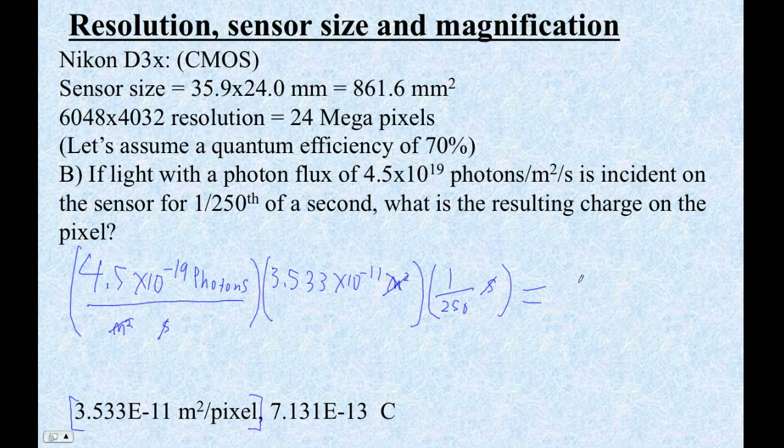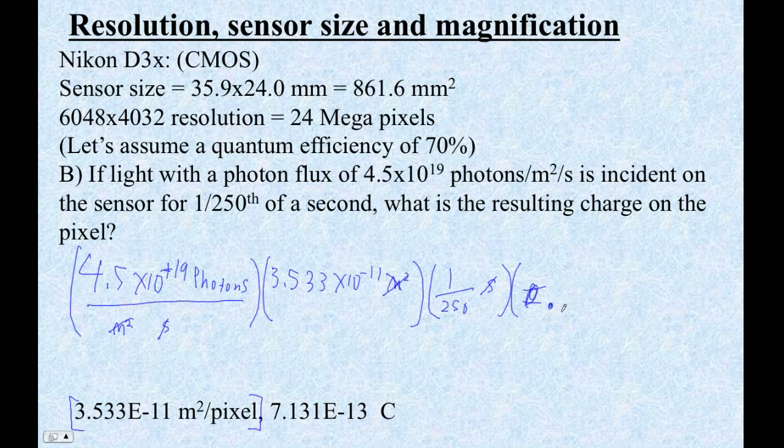Okay, so let's do this calculation here. That times 4.5. Oh, that's not negative 19. That's positive 19, right? So 4.5 e to the 19, right? And then divided by 250, right? And by the way, since it's 70% efficient, only 70% of those get captured, right?